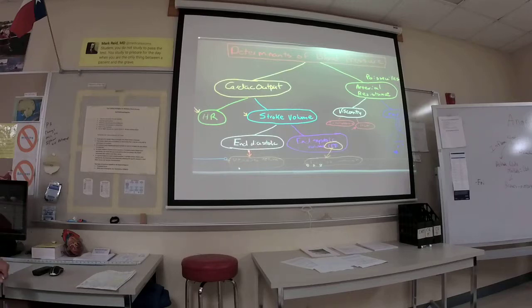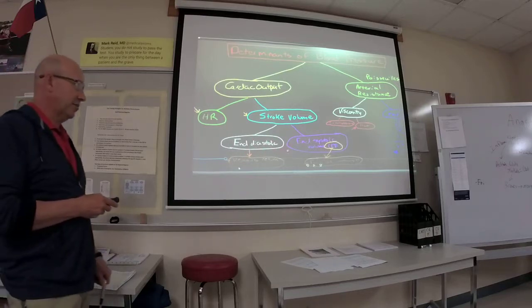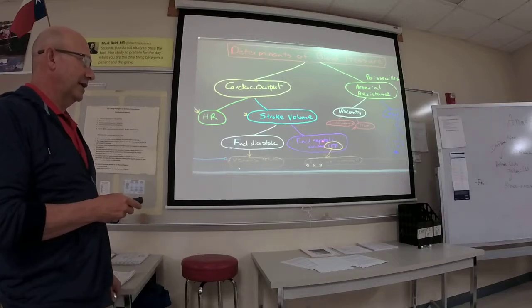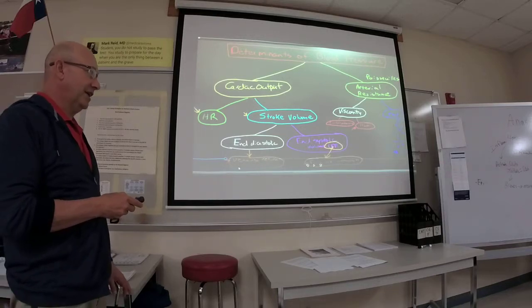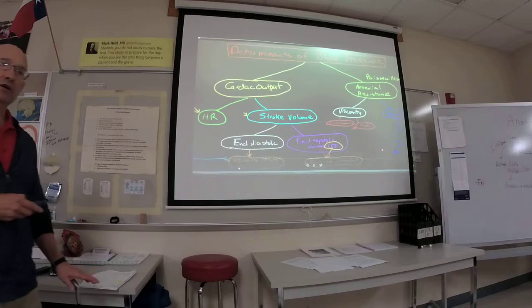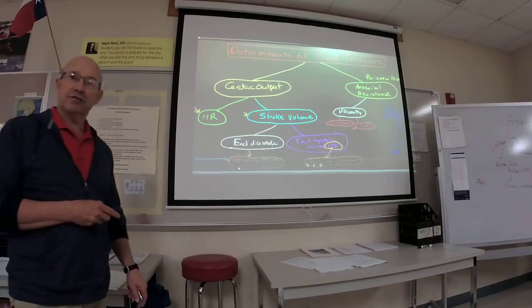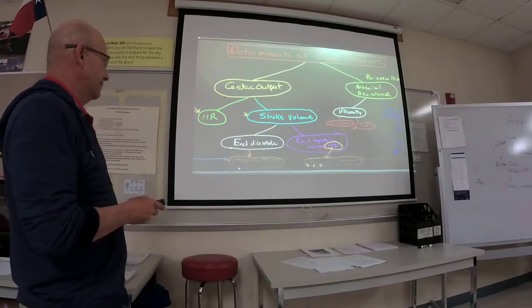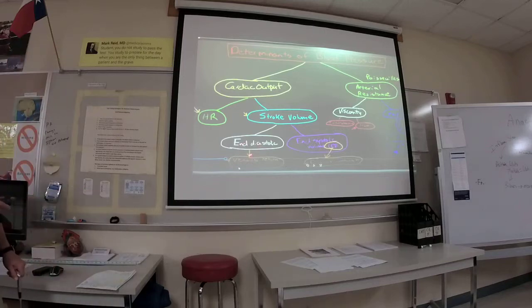Stroke volume is controlled by end diastolic pressure or venous return, or end systolic volume or ejection fraction. So we've already talked about how to increase ejection fraction, right? How to increase venous return, remember that? We talked about that just last class, right?